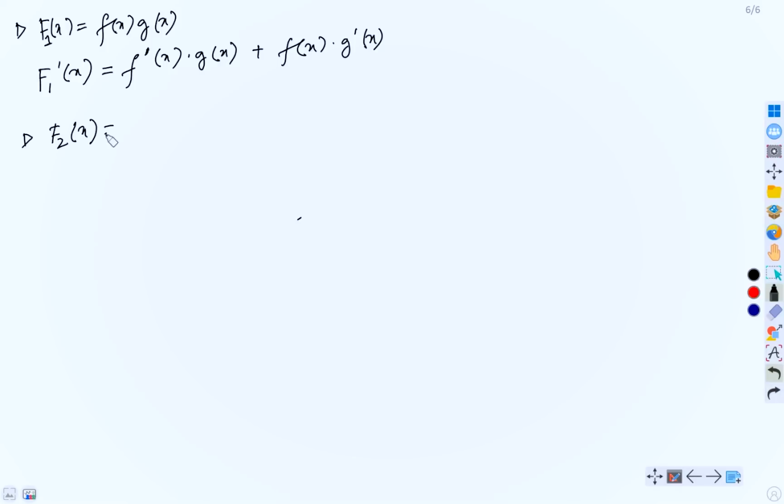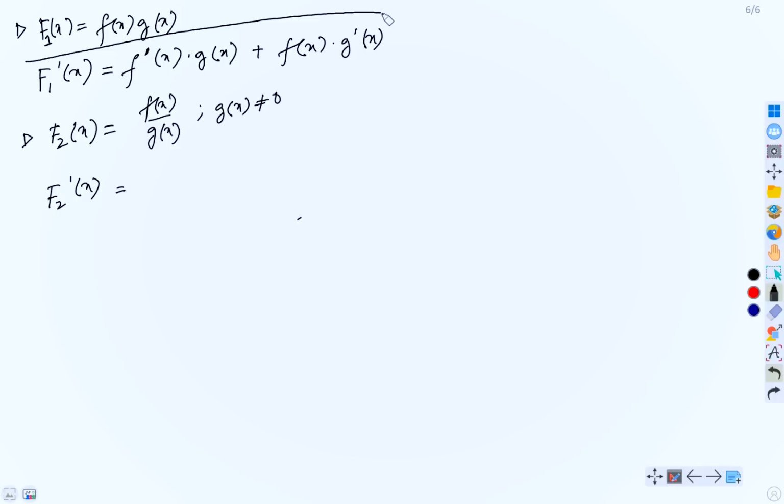When you have division, say f(x) by g(x), assuming g(x) is not equal to 0 in the domain of the differentiation, then what is the formula for f2'(x)? I am noting down this formula as 1, and this I will write down as 2.